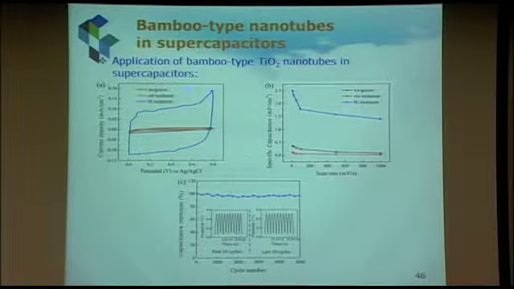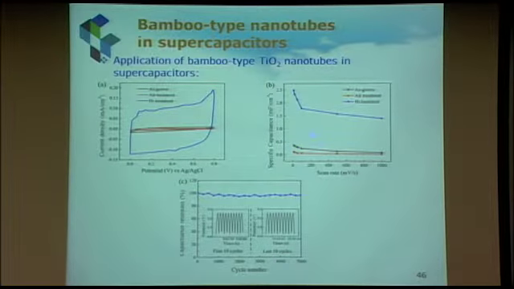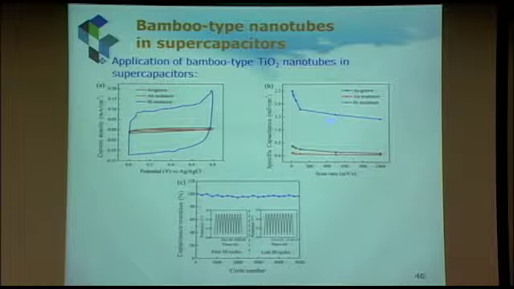You still need the treatment to get this large square-like box, and the capacitance is higher for this.